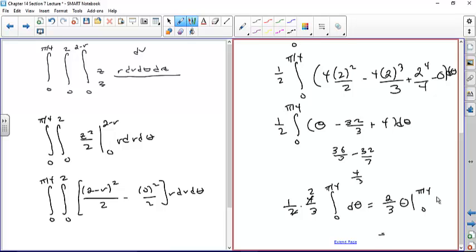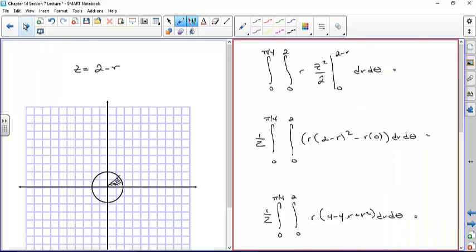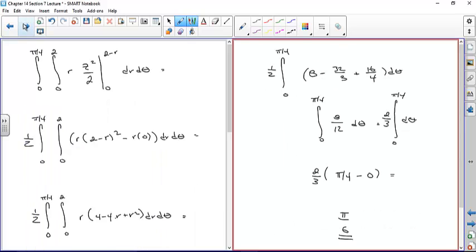And so if you plug pi over 4 in there, you'll get 2 pi over 12, or pi over 6. Is that right? Pi over 4, 2 times pi, 4 times 6, 12, I think. Okay, so that's the answer, I hope. Let me know if it's not. Oh, here it is. Let's see if I got the same answer. Hey, yeah, I got the right answer.